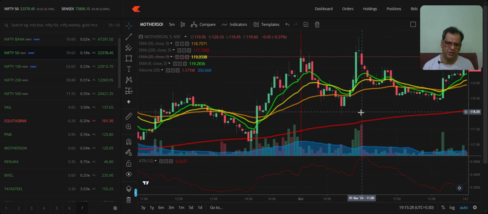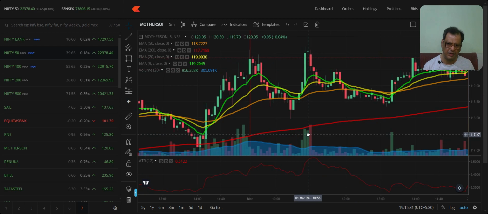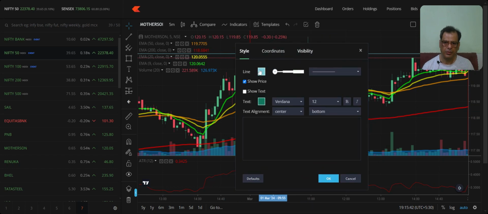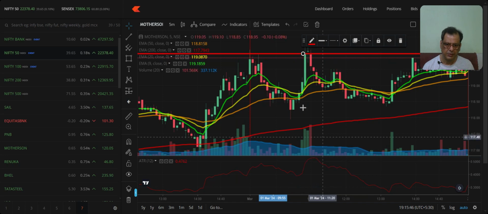Now, in a range bound chart, what else can you do to take a trade? So, for example, if we are here, what we can do is we can mark resistance, we can mark resistance here.